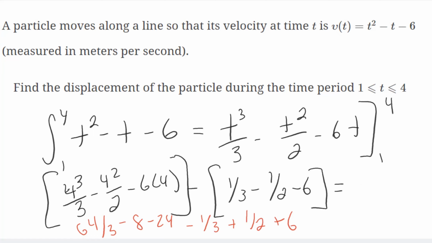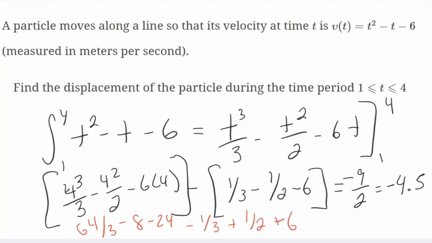So you're right, negative 9 over 2, which is negative 4.5. That's better. Now I know why you asked about the plus 6. That one was right. The plus 1/2 wasn't right.